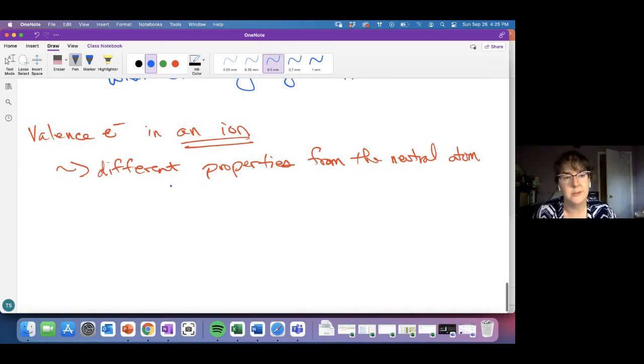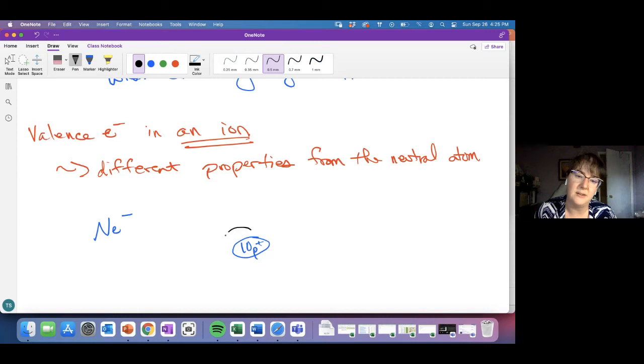I suppose what I would go ahead and call it, so this is me trying to think this through as I'm going along. Essentially, if I had neon, because it's a relatively small noble gas to draw out, I've got 10 protons in my nucleus.